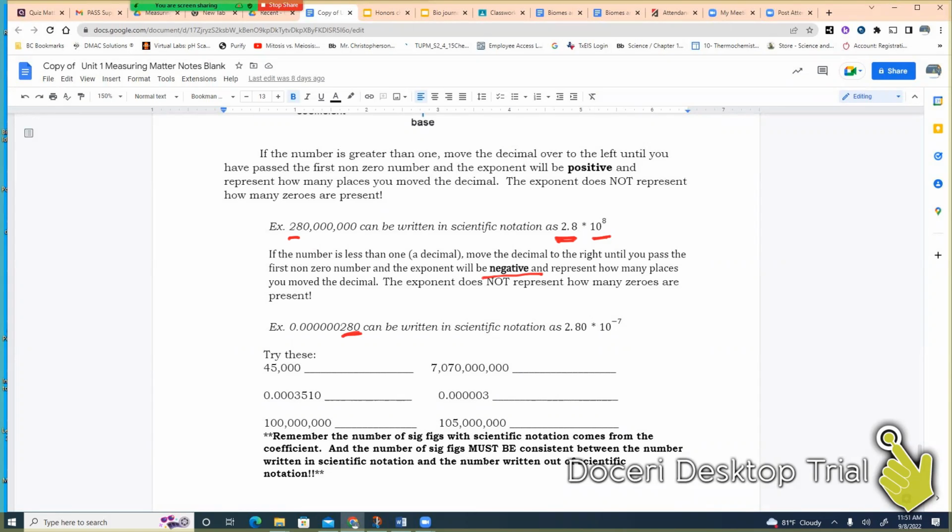I'm going to move it just until I pass the 2. 1, 2, 3, 4, 5, 6, and 7. So it becomes 2.8 times 10 to the negative 7. And I maintain the correct number of sig figs. All right, why don't you give those other 6 a try real quick?